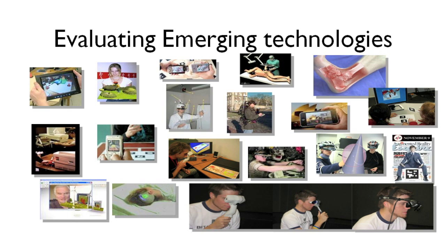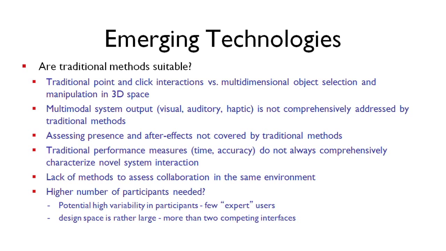A lot of those heuristics, and I probably have some slides afterwards, are aimed at traditional computer interfaces. So the question is, can we use these for new types of technologies? Some of them, yes, but not all of them. And that's, again, a little bit challenging.